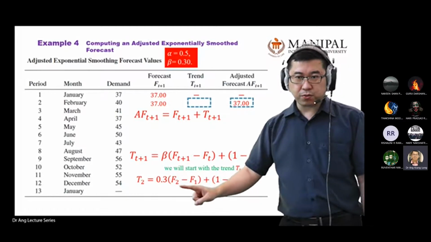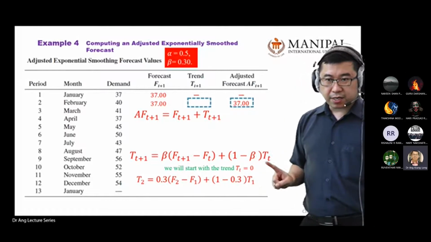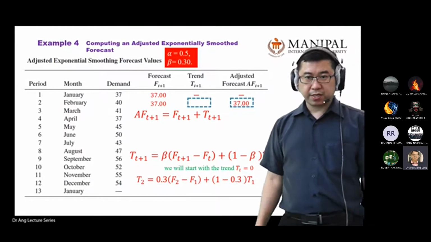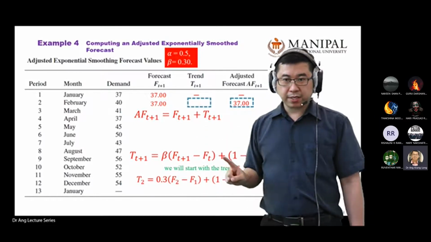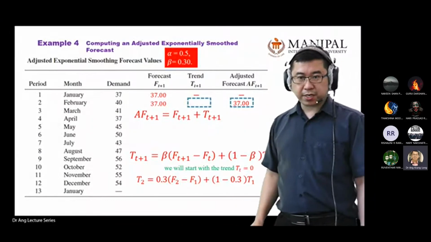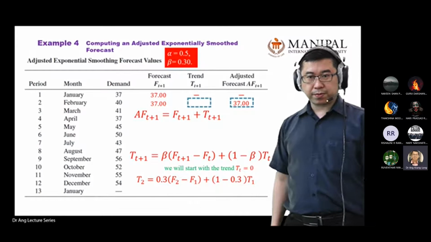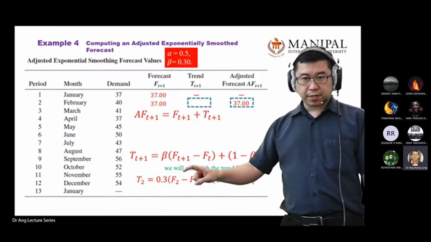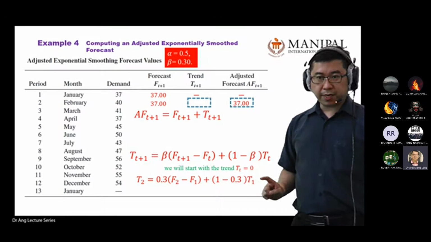So you get F2, this is 1, and T also 1. The rest is substitution. Beta is 0.3, and 1 minus beta is 1 minus 0.3. So you get the equation to calculate T2. You have your F2 and F1, and you have your T1.